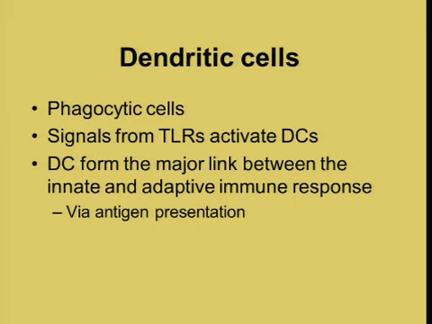Dendritic cells are the major link between the innate immune system and the acquired immune system. Those are the guys that continually swoop things in, and anything that is deemed foreign is broken down and presented to awaiting T cells. And what they do is link the adaptive and the innate immune system by presenting antigens to the cells of the adaptive or acquired immune system.